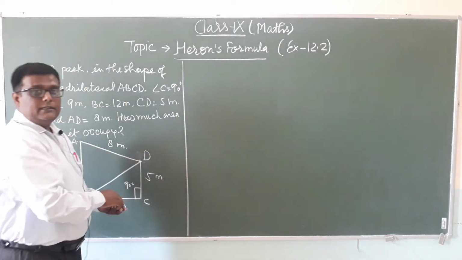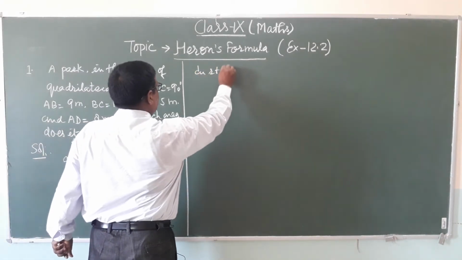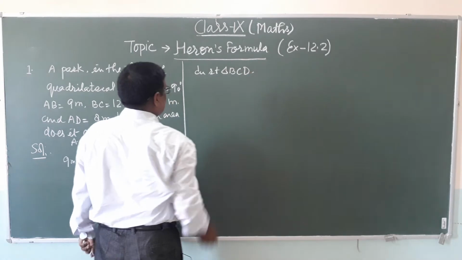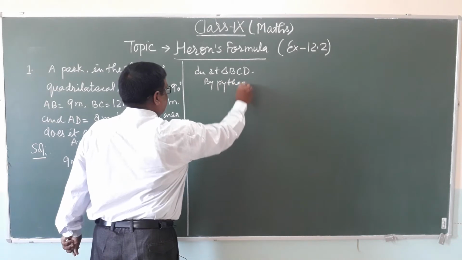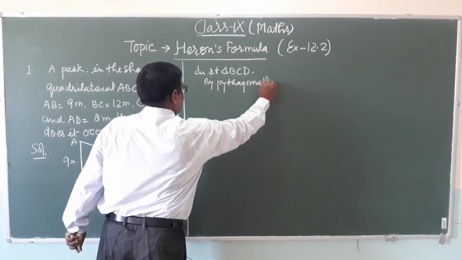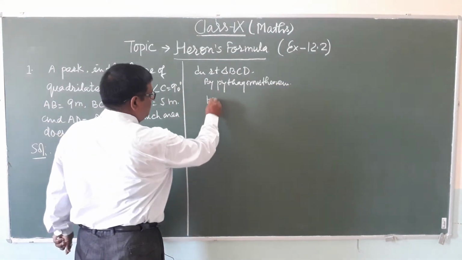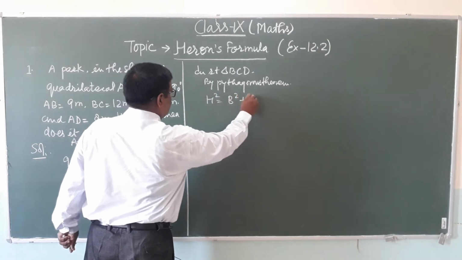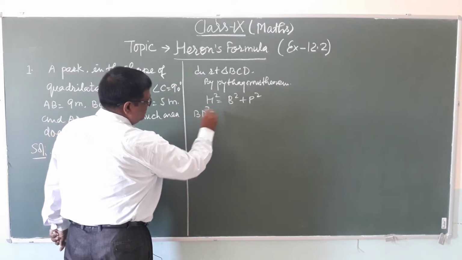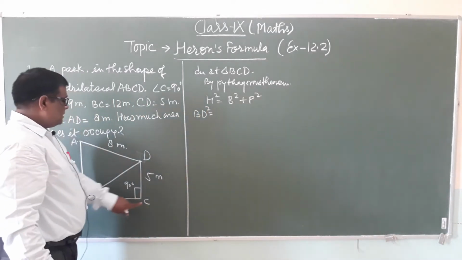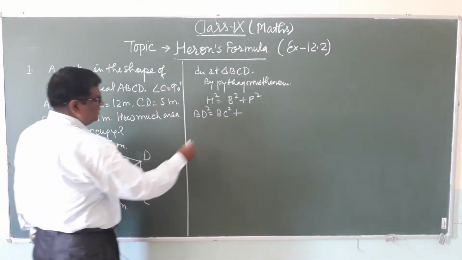This is a right angle triangle, so in right triangle BCD, by Pythagoras theorem, H square is equal to B square plus P square. Now H is equal to BD, B is BC and P is CD.